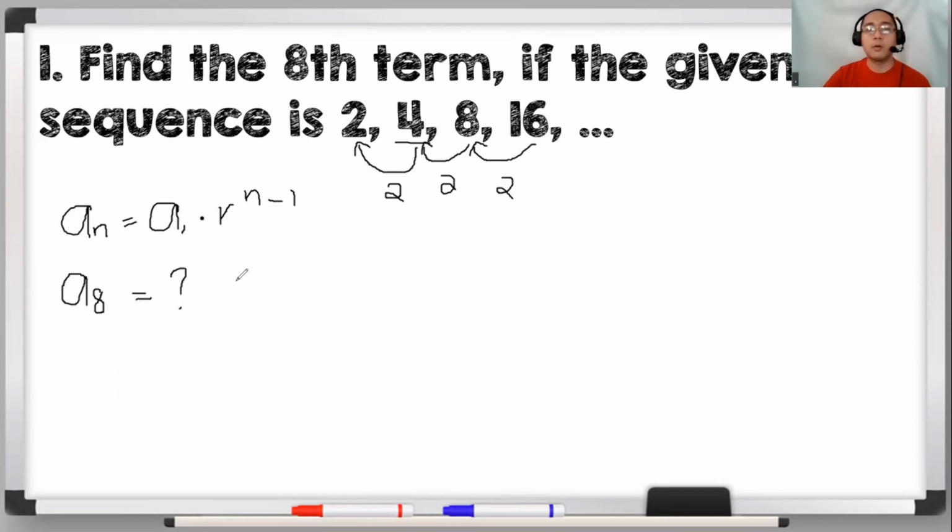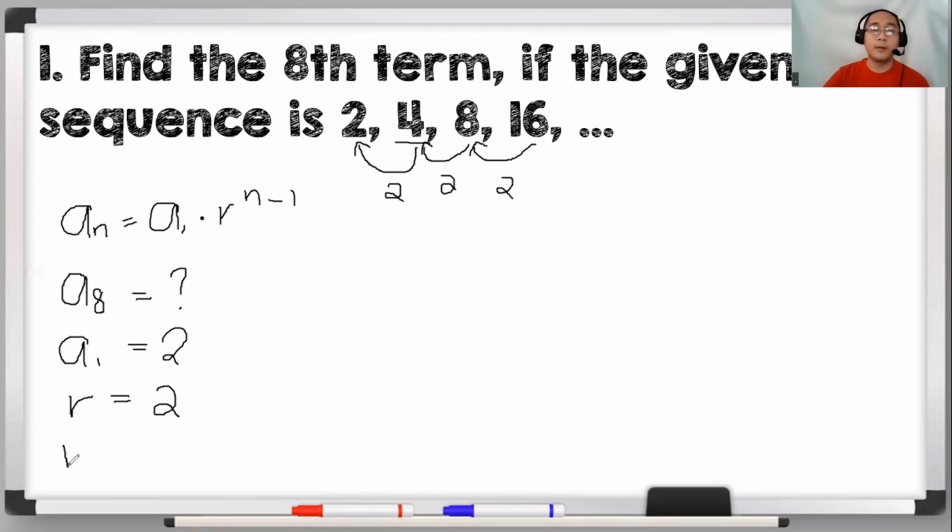And to check all those given items, all we need to do is write them beside. So the result is 2 for a sub 1 or the first term. Then r is the common ratio. Take note that a sub 1 is denoted as the first term. Okay, that is always the first term. Then the common ratio is 2.